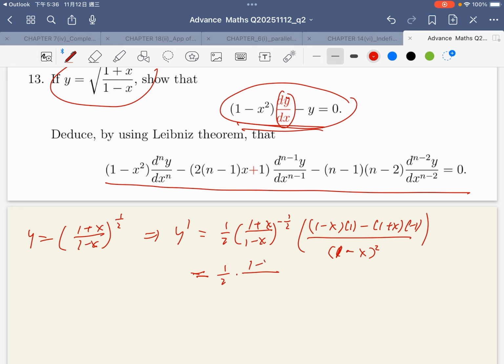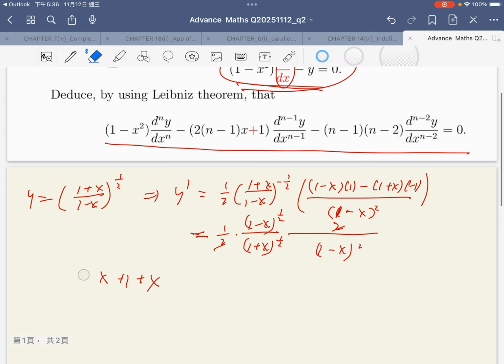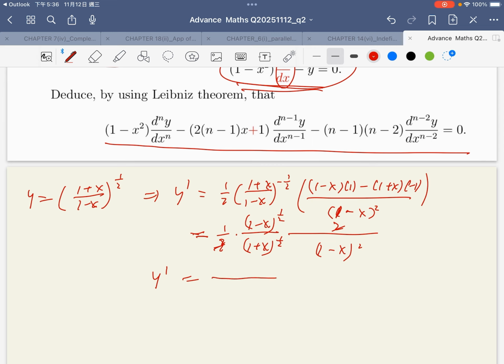Okay, then (1 minus x) to the 1 over 2, (1 plus x) to the power 1 over 2, (1 minus x) to the power 2. Then we simplify this one: 1 minus x plus 1 plus x, that's 2. Then we cancel this 2. Finally, I got the result here: that is 1 over (1 plus x) to the power 1 over 2 and (1 minus x) to the power, cancel these two indices, and this is 3 over 2.